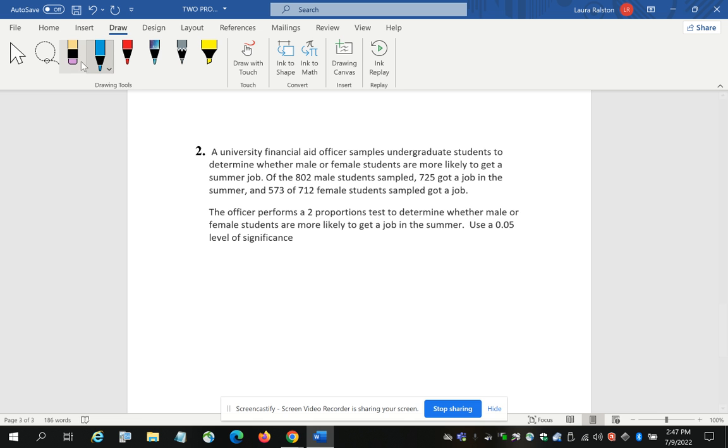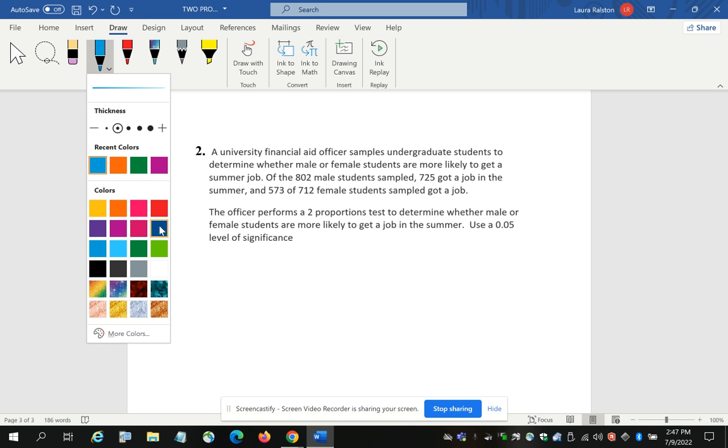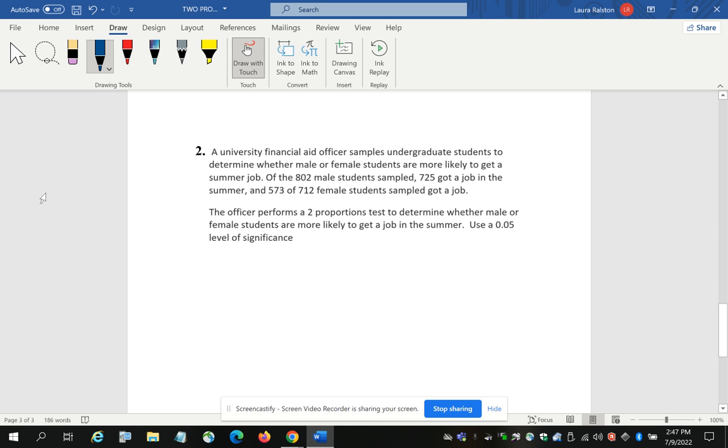Now, a couple of issues that you may think about as you're looking at this problem is it doesn't really tell us whether males should be group 1 or whether females should be group 1. The rule of thumb typically is whichever is mentioned first becomes group 1, whichever is mentioned second becomes group 2.